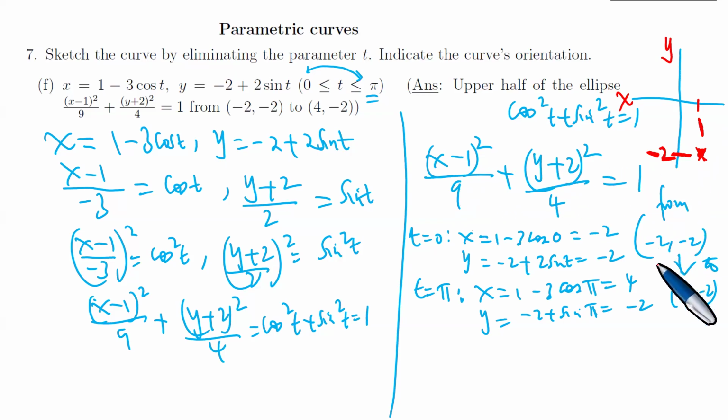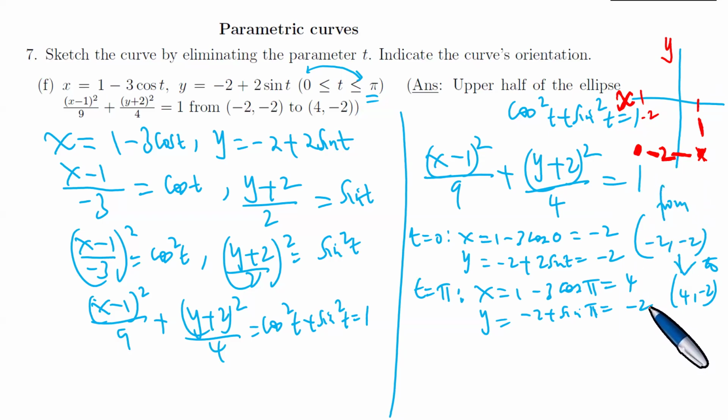X is 1, y is -2. And then now you're going to mark some of the points, like -2, -2. You have -2 for y and then -2 for x. So there's a point here.